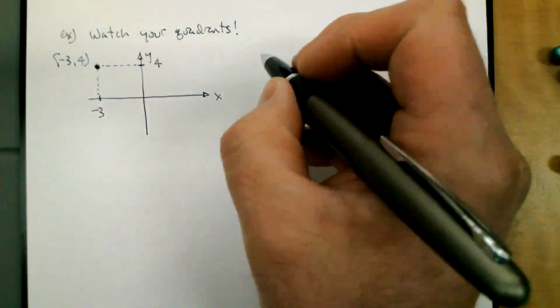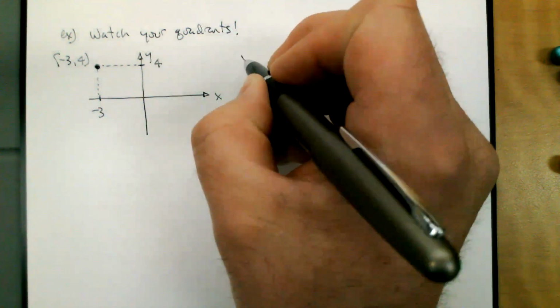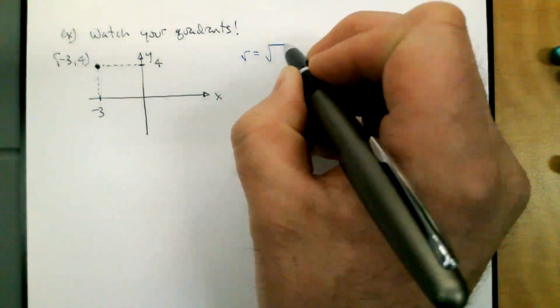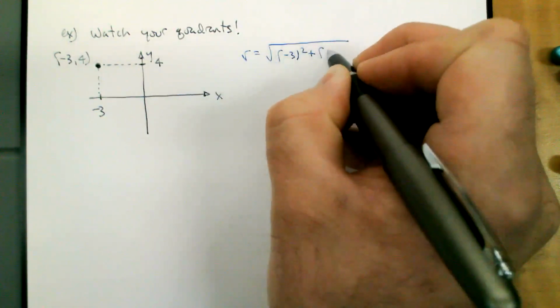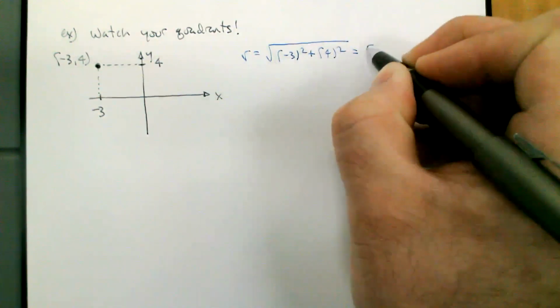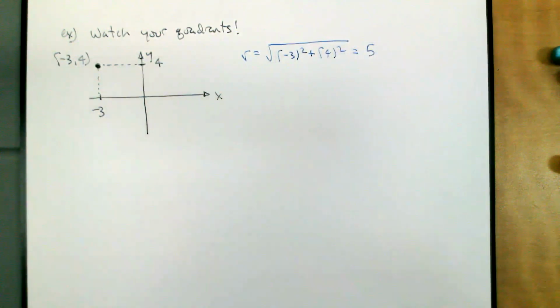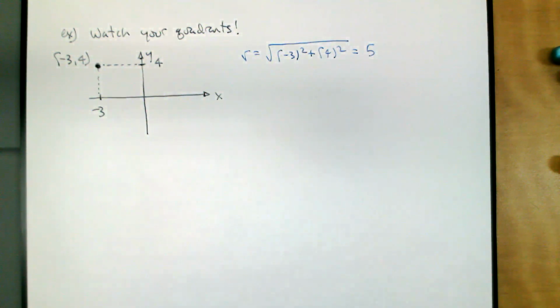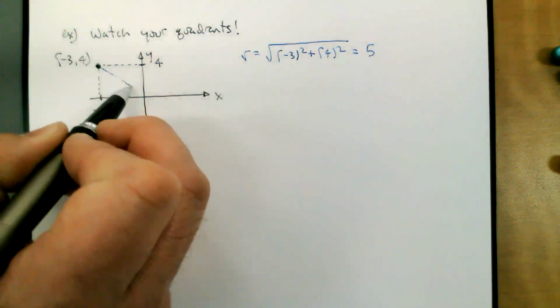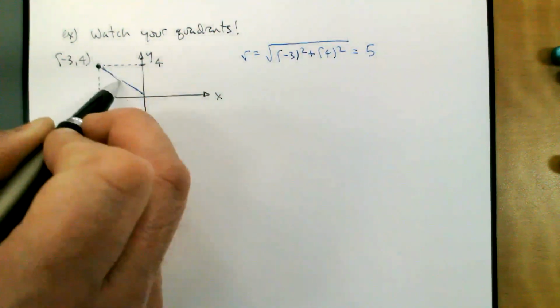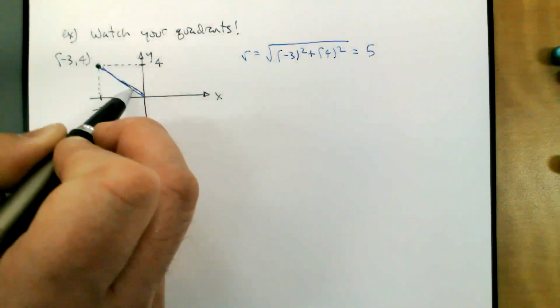R doesn't care because R has stuff squared in it. So R is still going to be the square root of -3 squared plus 4 squared. So that's still going to be fine. But we got to figure out where that 53-degree angle is going to show up. So that is still 5, no question about that. We're all good there.